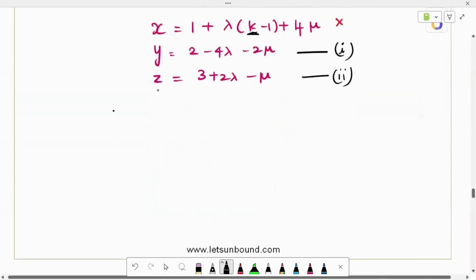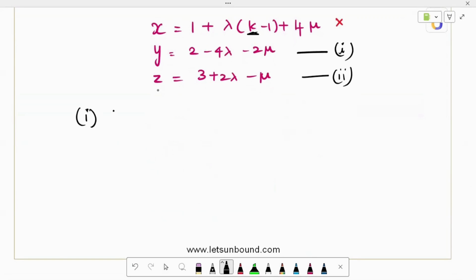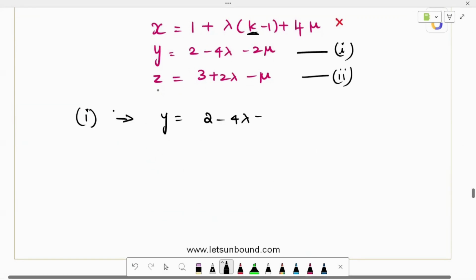Right? So let me multiply the first equation. No, the first equation we can take as it is. You get y is equal to 2 minus 4 lambda minus 2 mu. But the second equation, I'm going to multiply by 2.